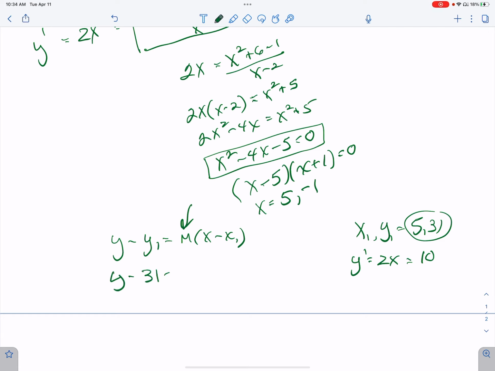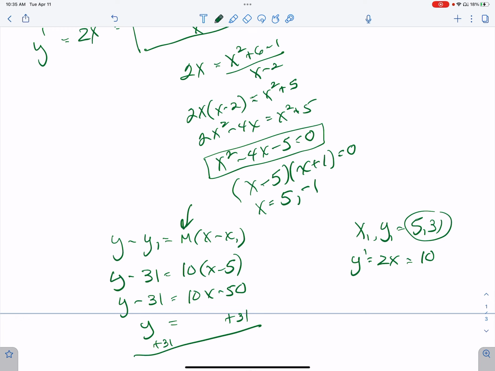y minus 31 equals 10 times (x minus 5). And let's get this into slope-intercept form, as we do the little bitty part of algebra here.